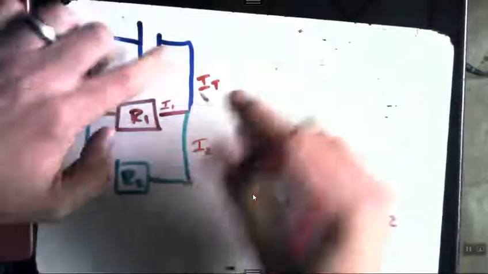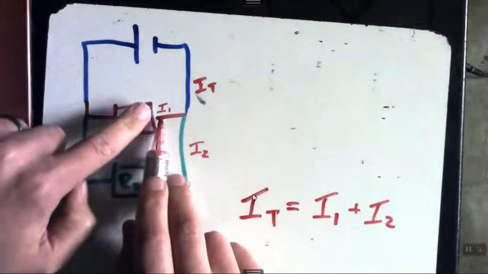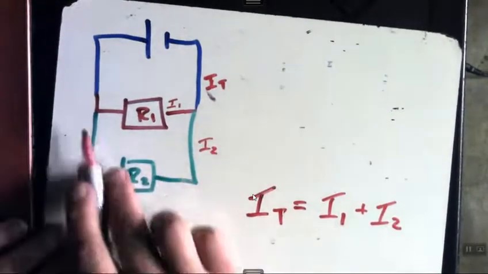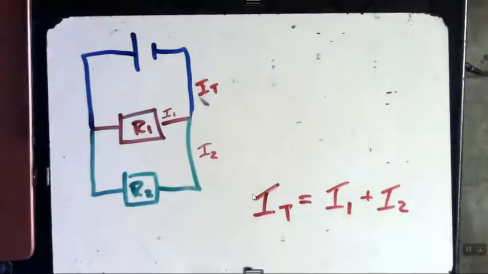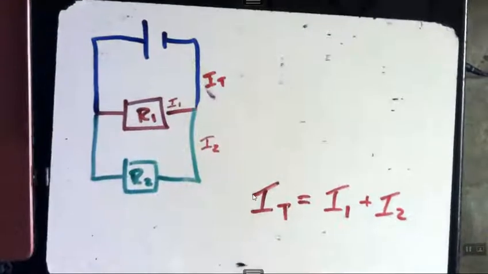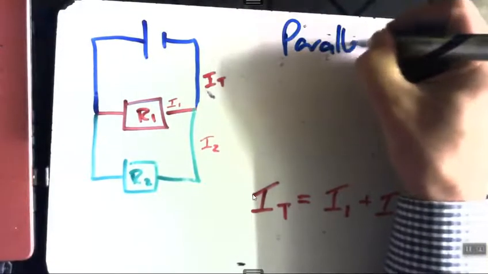So the total current in the blue is equal to the current in the red plus the current in the green. When they come back together again, up to there, those two combine again to form the total current. Current can't be lost.